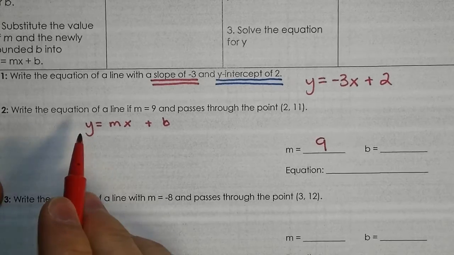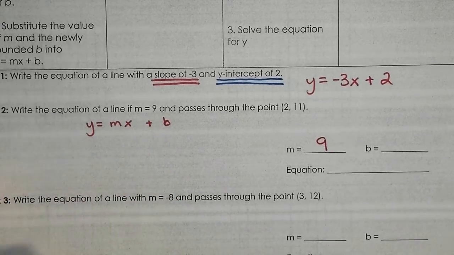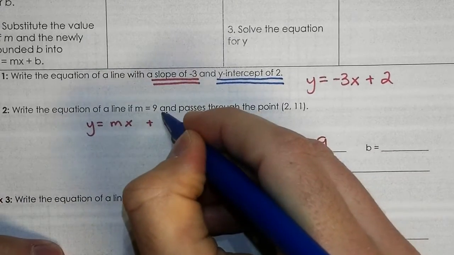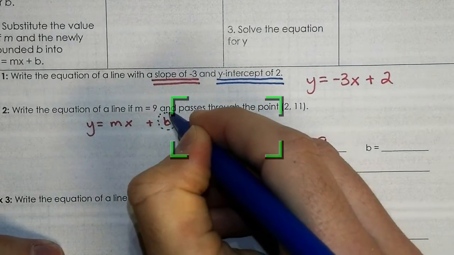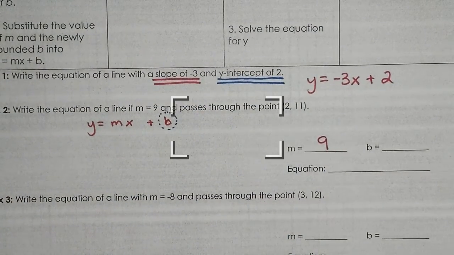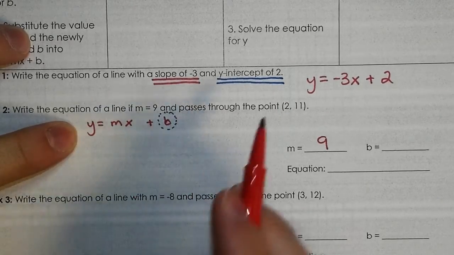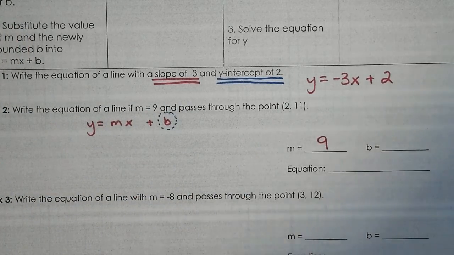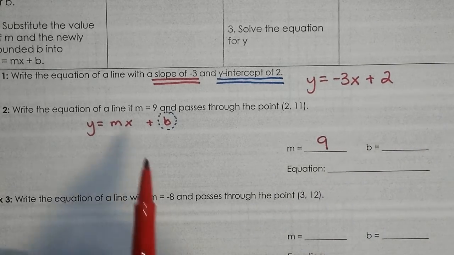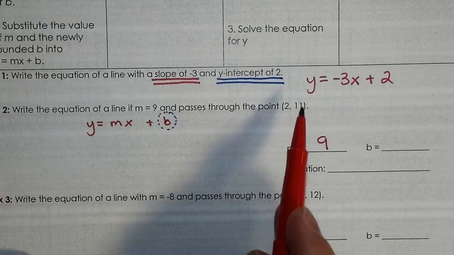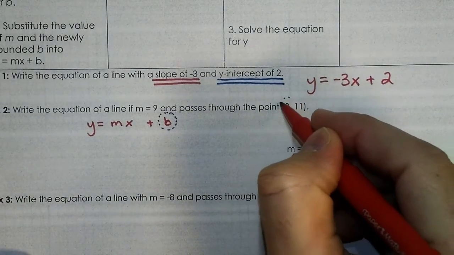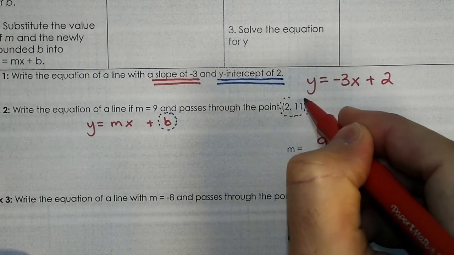So, if we're trying to solve for b, well, let's plug in some things. What is our y equal here? So check, this is what I'm referring to. We have 2, 11.